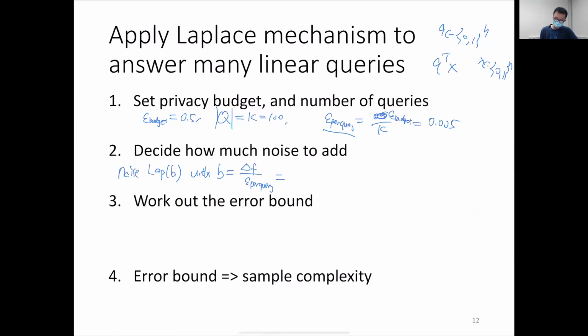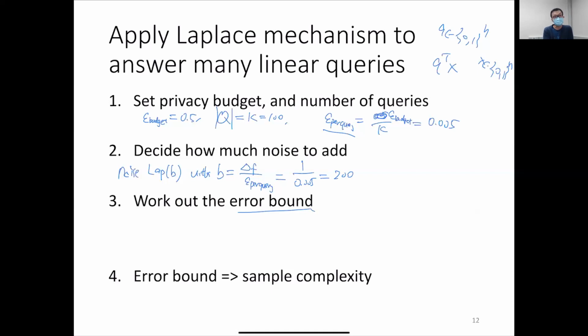So we'll end up getting 1 over 0.005, and that's 200.